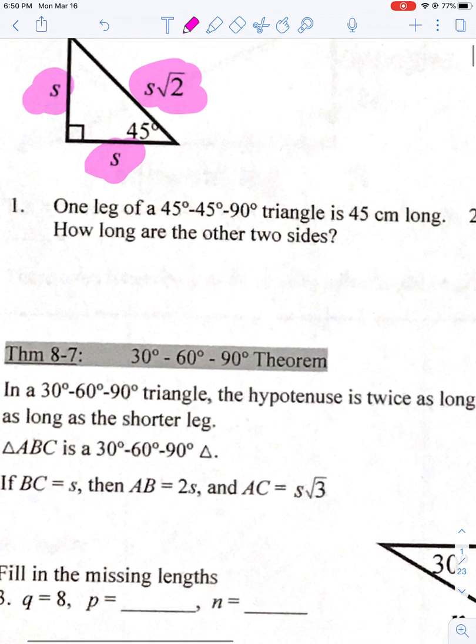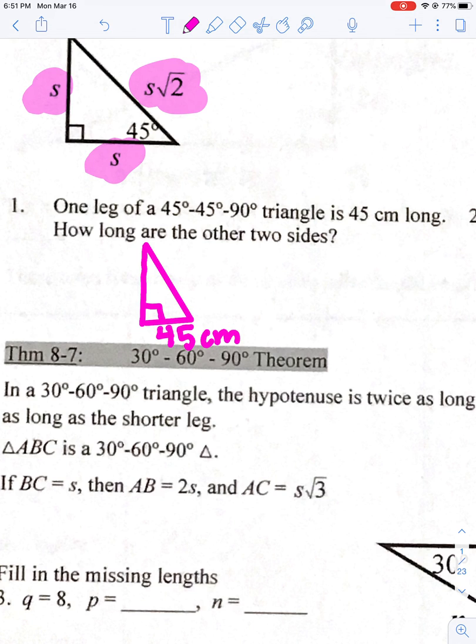In our first example, we are given that one leg of a 45, 45, 90 triangle is 45 centimeters long. How long are the other two sides?